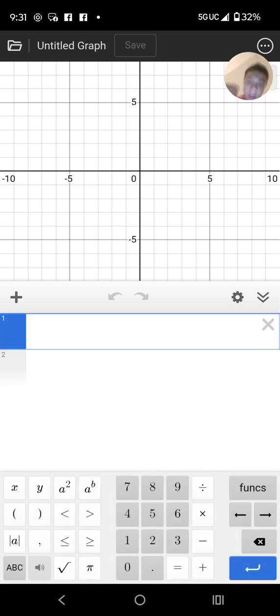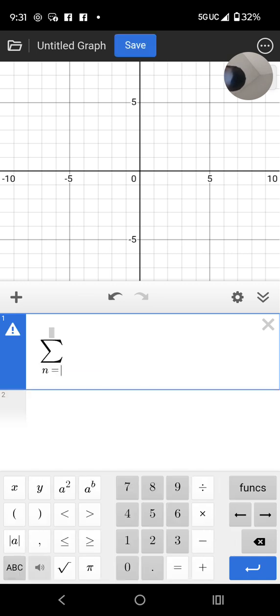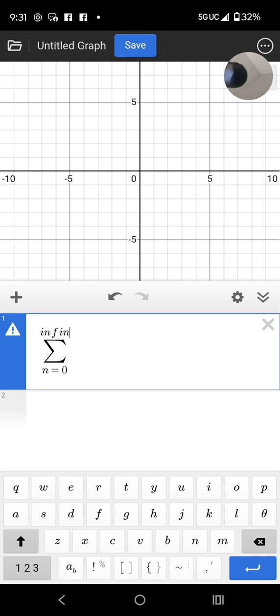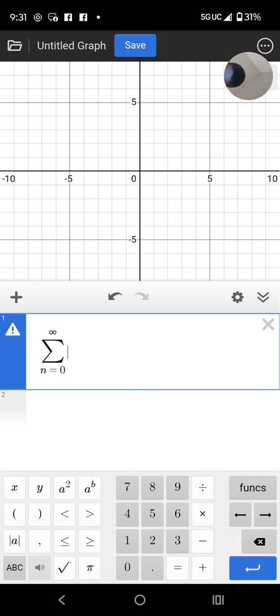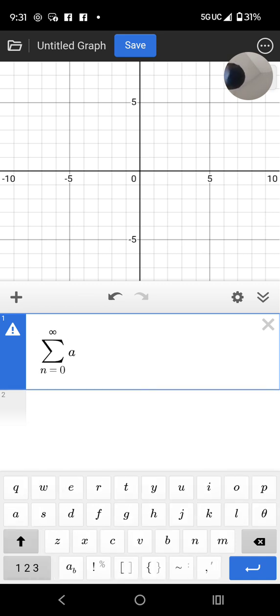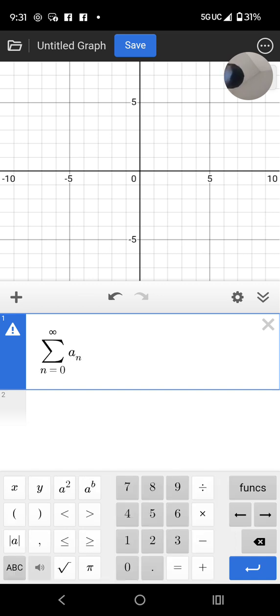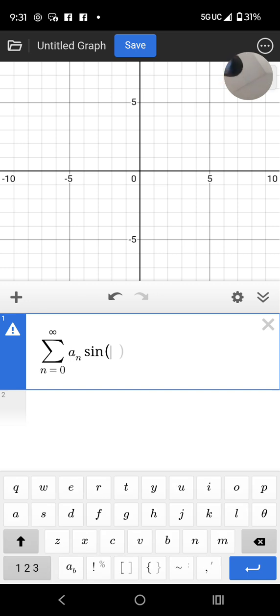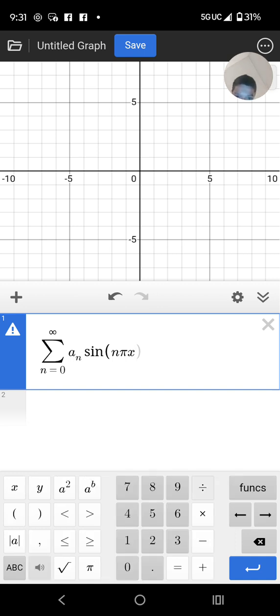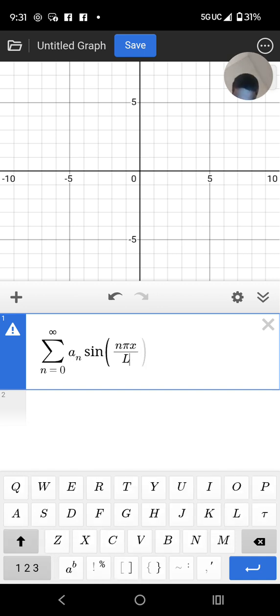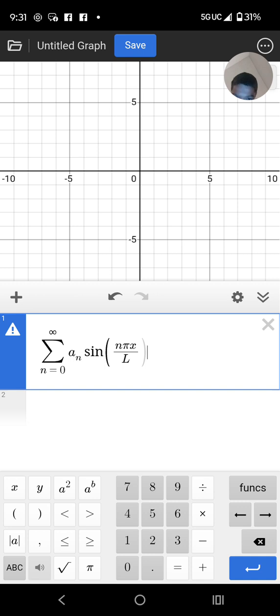Let me show you. So the Fourier series is the sum, as n goes from 0 to infinity, of a sub n times cos of n pi x divided by L. I'm going to show you what L is in a moment.